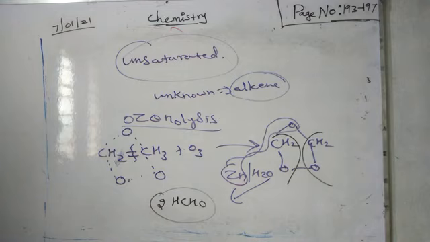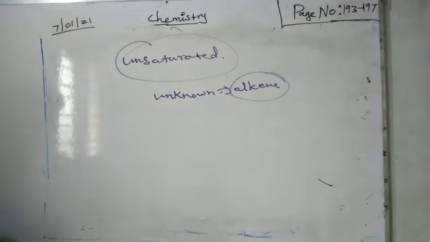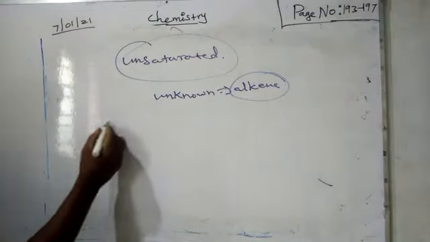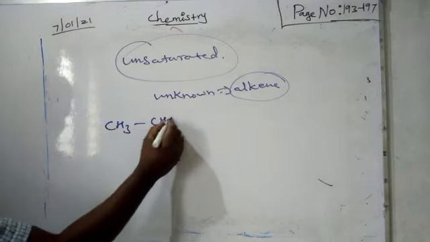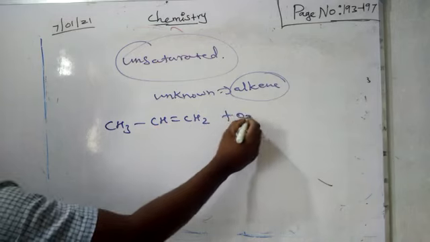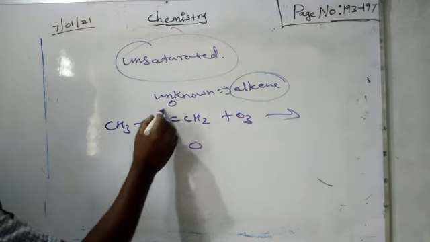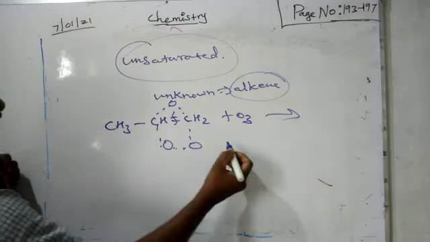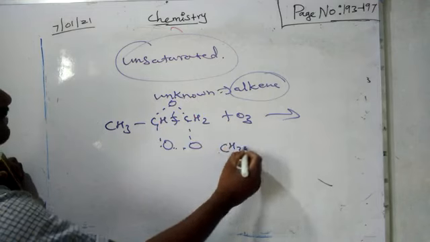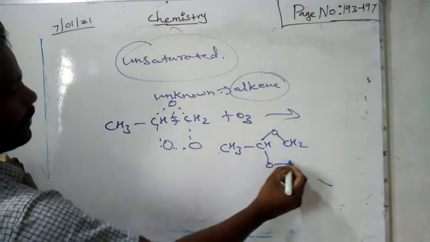In case you take propene, we can prepare a different aldehyde also. CH3-CH=CH2. If you take ozone, oxygen, oxygen, oxygen, you add all the oxygens and the carbon double bond will break. So we get the intermediate CH3CHO, CH2O.